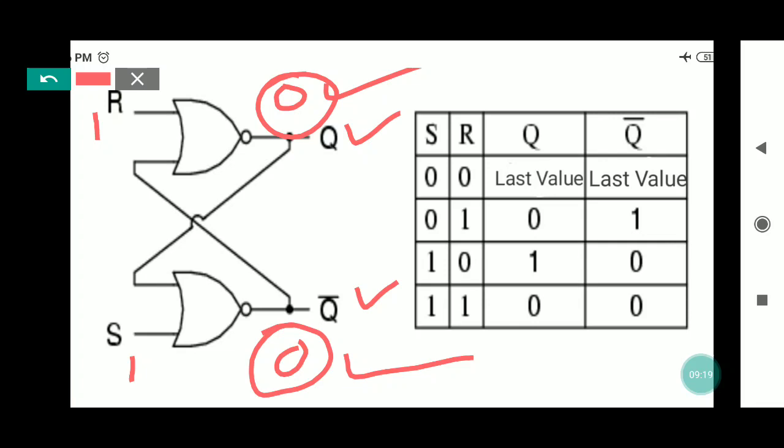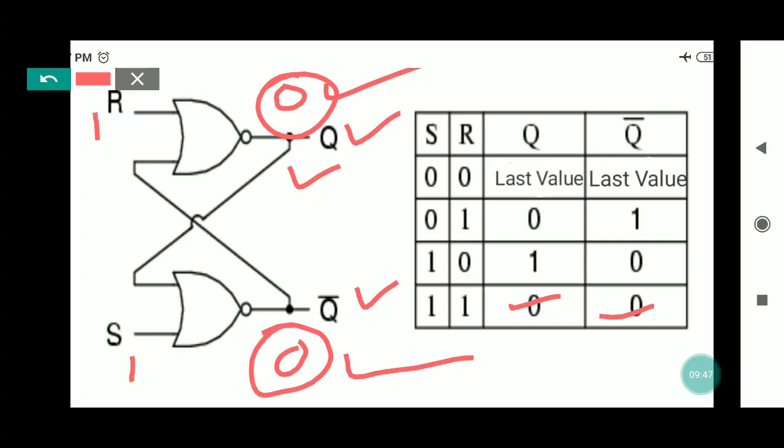Is it possible that the complementary outputs are the same? No, because if Q is 0, Q bar has to be 1. So this condition is a forbidden condition. Here it is written 0 0, but we can also write forbidden here.